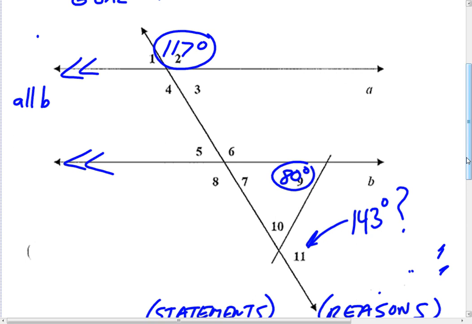Raise your hand. Tell me one thing you can tell me based off of that being 117. Chase. Angle 4 is 117. What's your justification? Why is 4 equal to 2? The vertical angle.